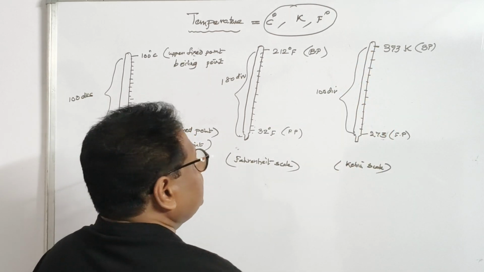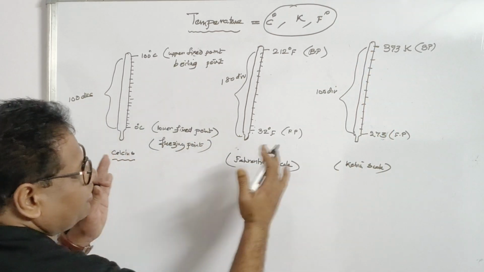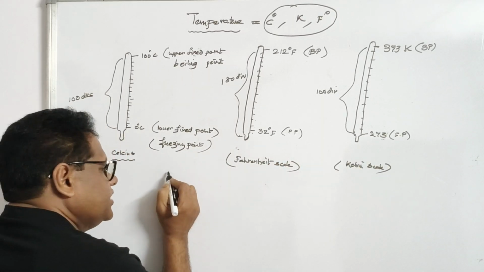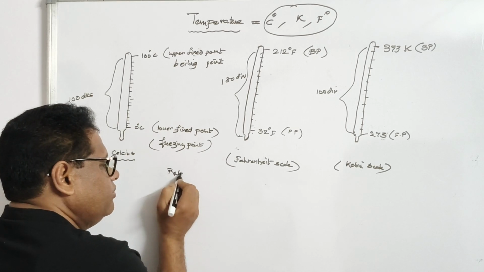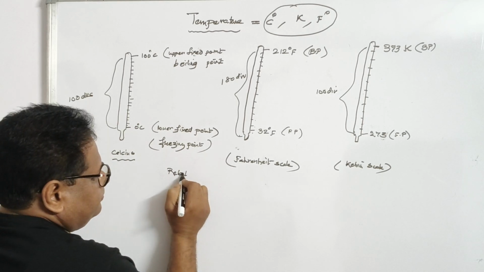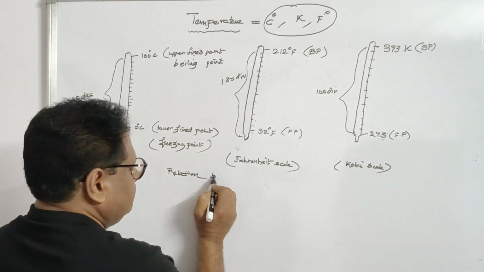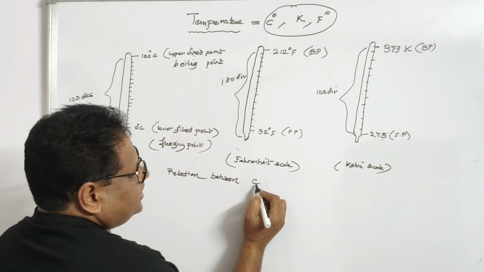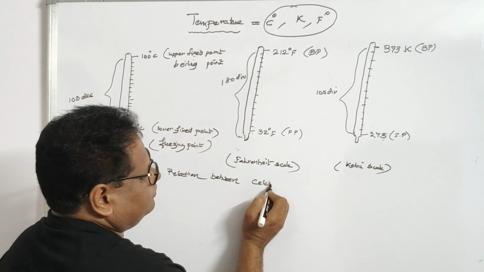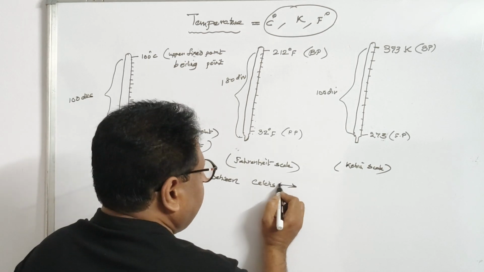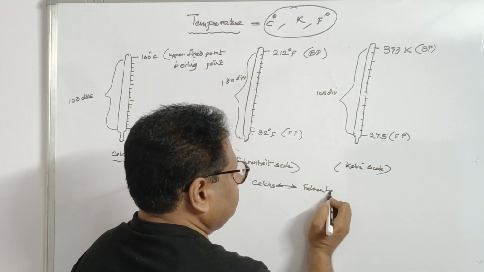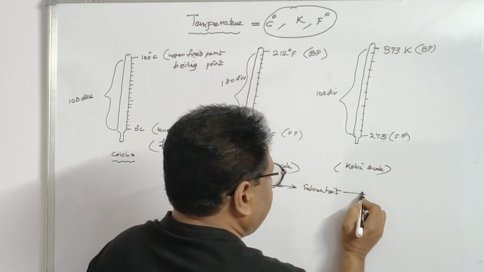Now we are going to discuss the relation between the three scales: Celsius, Fahrenheit, and Kelvin.